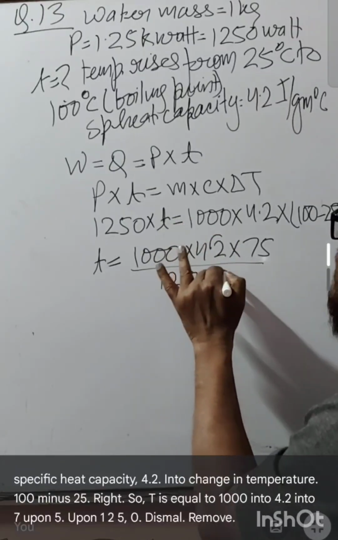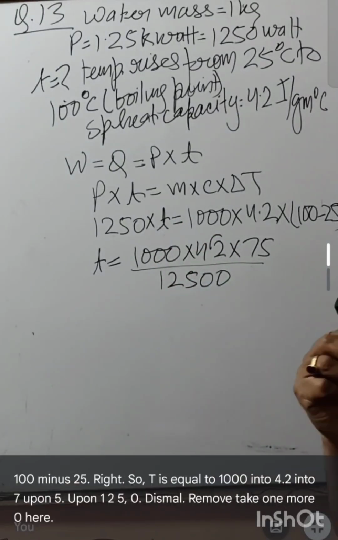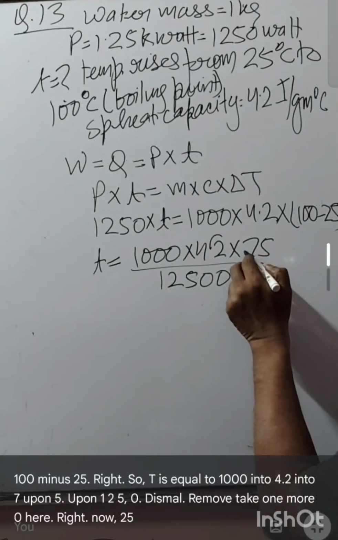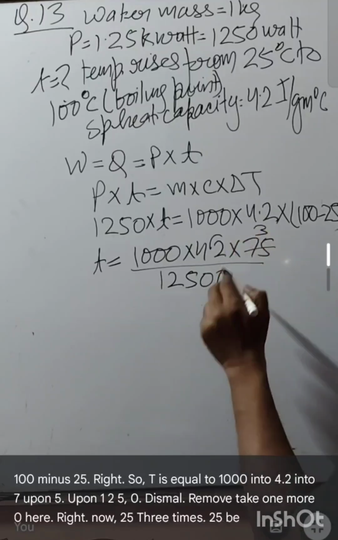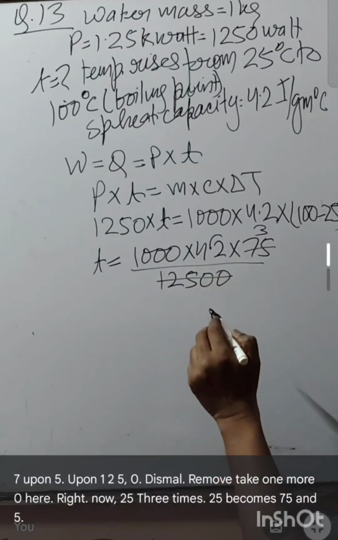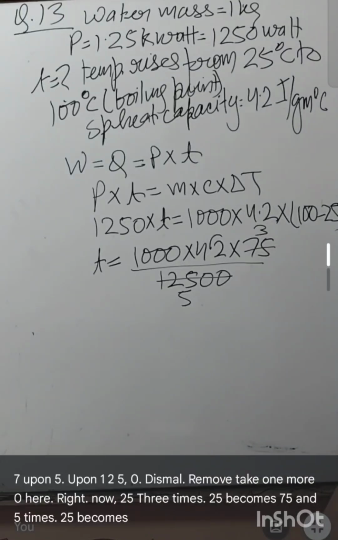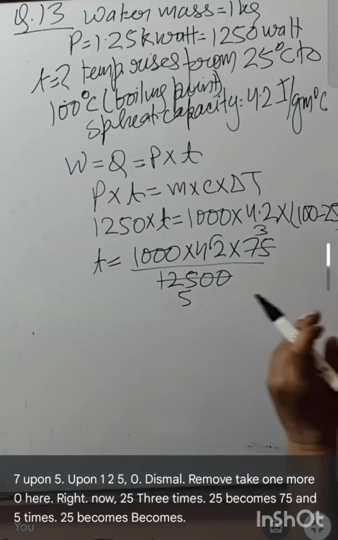Now 3 times 25 becomes 75 and 5 times 25 becomes 125.